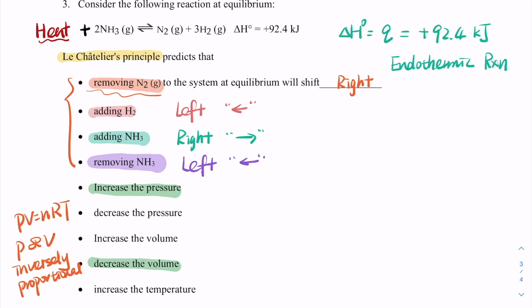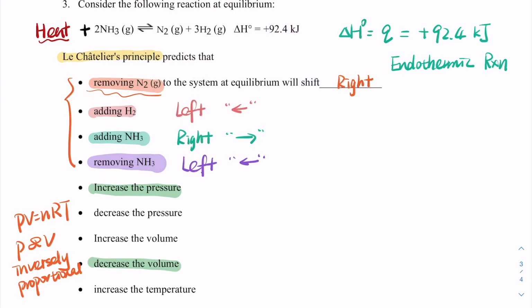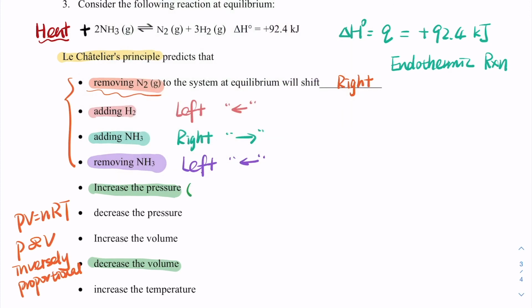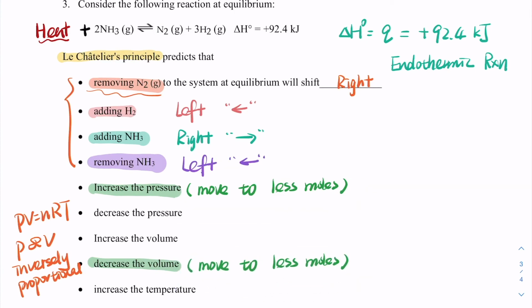The reaction is going to shift to the direction with fewer moles of gas. Let me say one more time, as a conclusion, the equilibrium is gonna move to fewer moles. It will be the same conclusion for decreased volume.